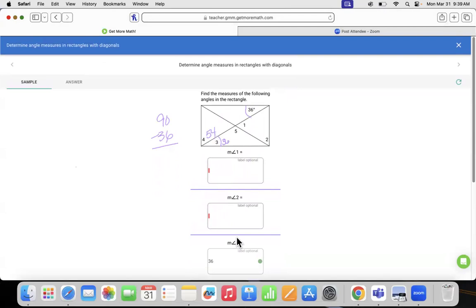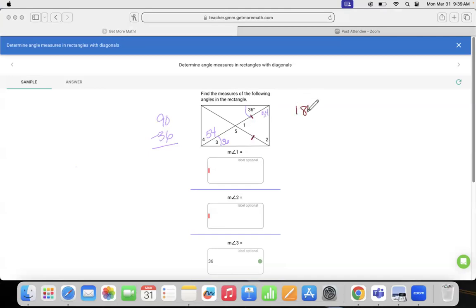And then it wants angle 5. Okay, 5 is here in the middle, 1 is over here in the middle, and 2 is over here. So what we now know, though, is if this is 54, then this is also 54, right? And now we can use this to find this triangle. We said just a minute ago in that other problem, this is an isosceles triangle, right?